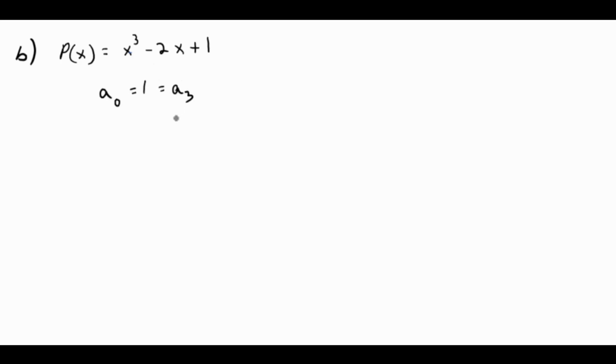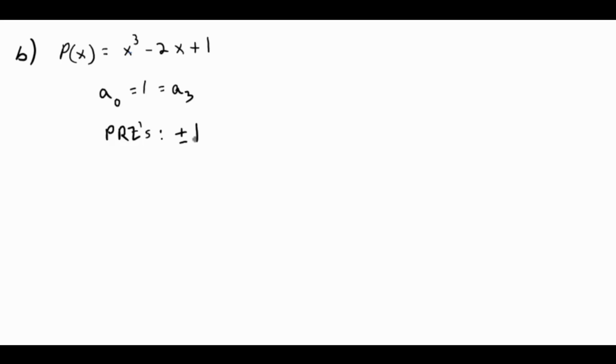So do I have to go through that whole process where I put the factors of a naught over the factors of a_3, the lead coefficient, to find the possible rational zeros? They're both 1, right? So the PRZs, technically you've got to throw a plus or minus in there. There's 2 of them, just plus or minus 1. So that's not a big deal.